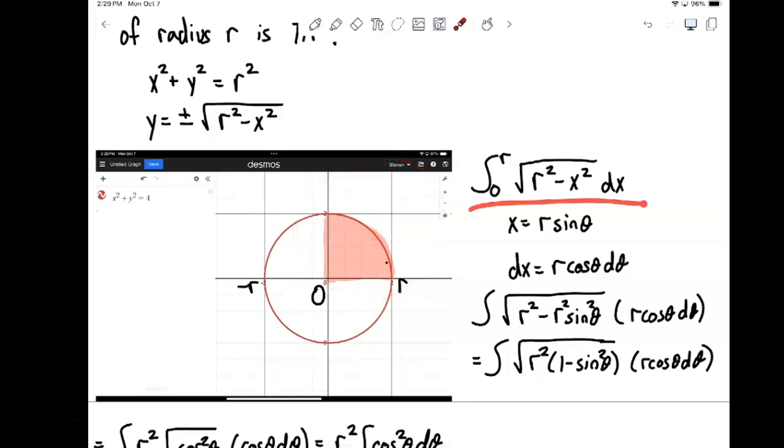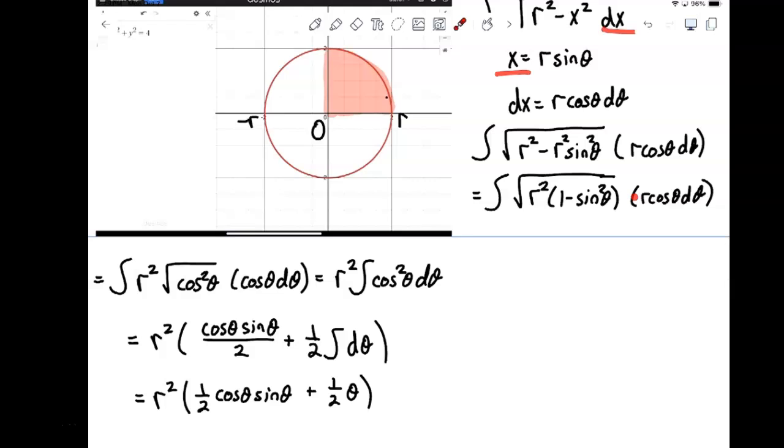So we set up the integral from 0 to r of the square root of r squared minus x squared. Because we have a squared minus x squared, we do the substitution x equals a sine theta. We carried through those substitution steps with both the x and the dx, did a little bit of simplifying, and eventually got to the integral of cosine squared theta d theta.